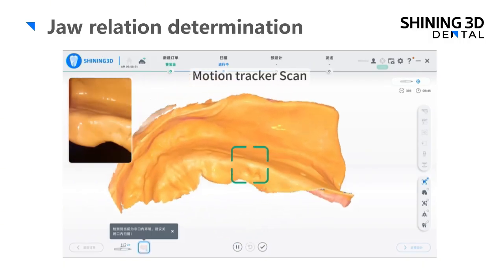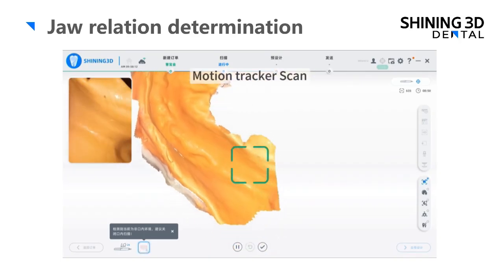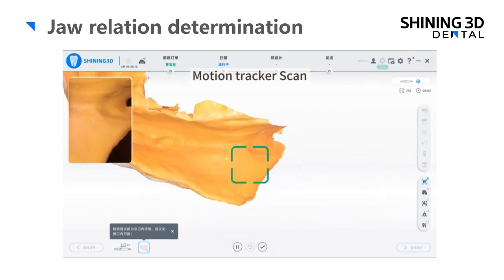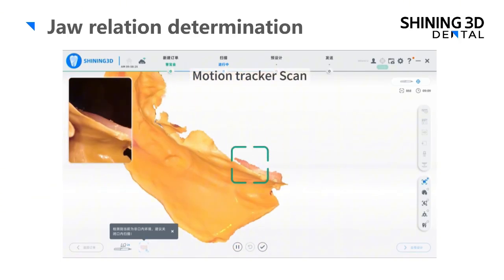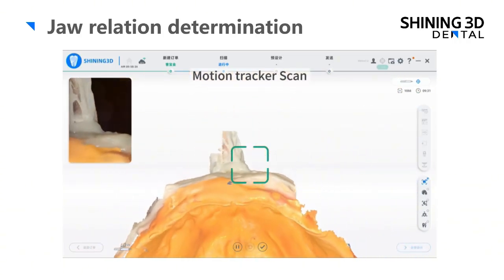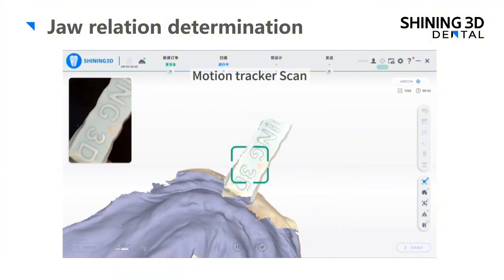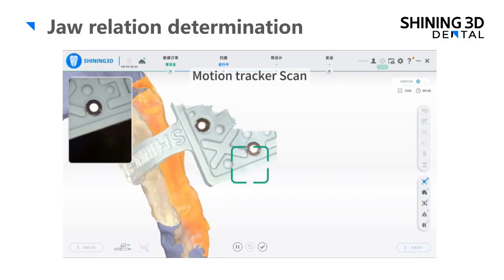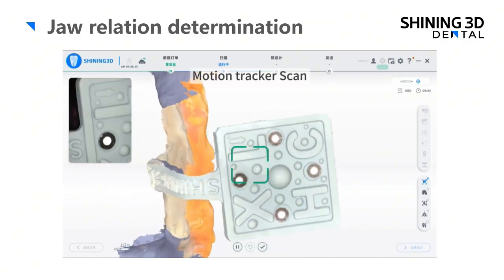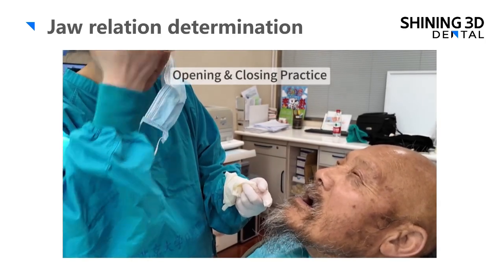Only the fitting side of the tray needs to be scanned to help with the alignment with the patient's mouth. The same applies to the lower jaw: rotate it a little bit to get the front side of the motion tracker, finish the scanning of the motion tracker for the lower jaw, and then do the alignment for the lower jaw as well.